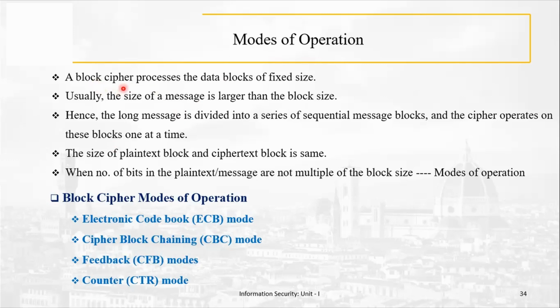As you know, the block cipher processes data in blocks of a fixed size. So we divide the data into a number of blocks of the same size, and then we process each block at a time. So how do you process those blocks? That is the first question.